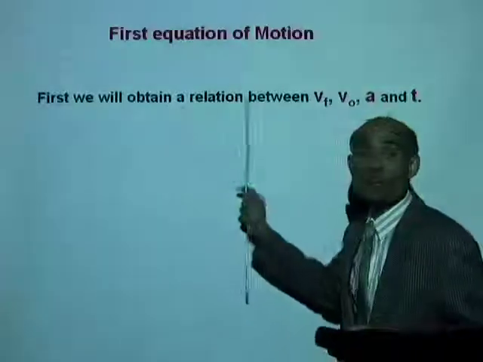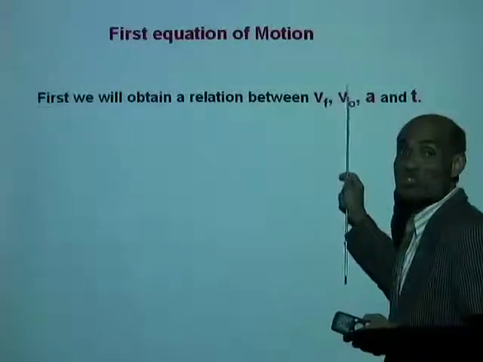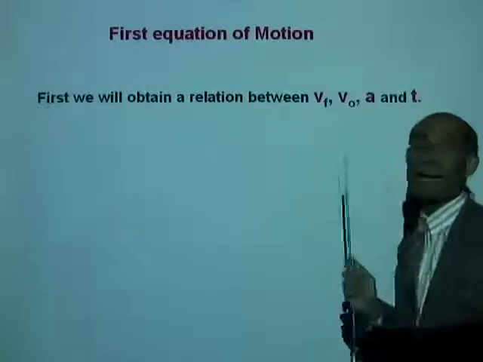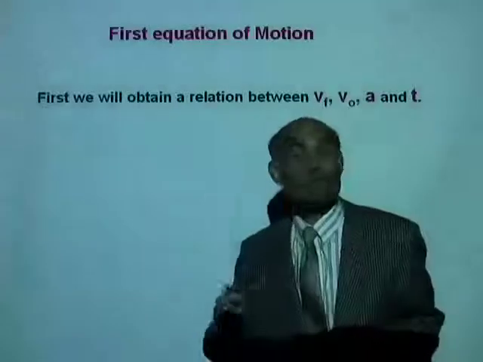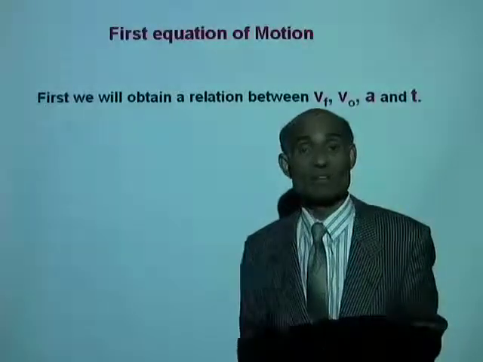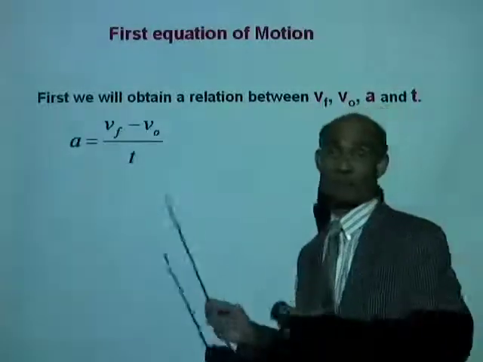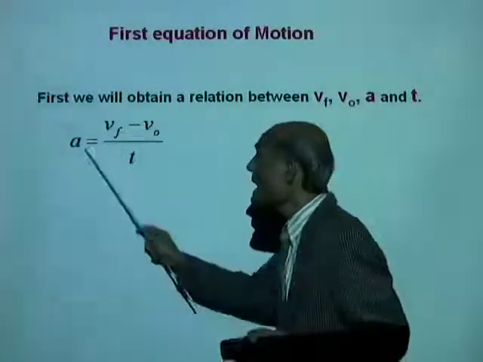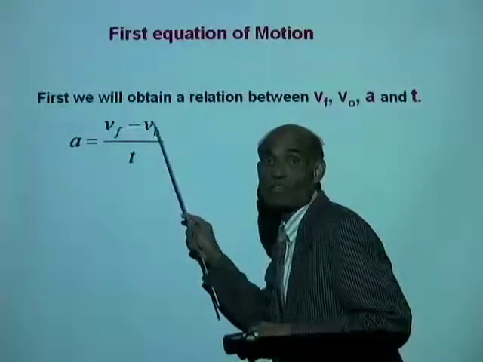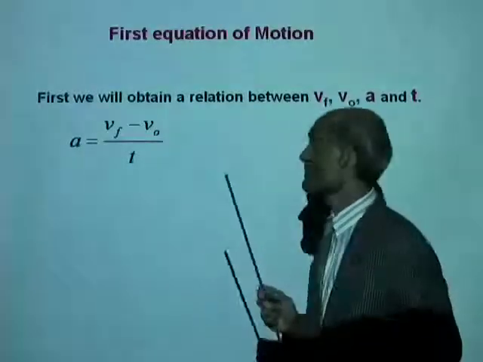So this is going to involve the final velocity Vf, the initial velocity V0, the acceleration and time. What you need to do is write down that equation for acceleration. Can you write it down? Well, I got that down for you. A equal to change in velocity, final velocity minus the initial velocity, divided by time.